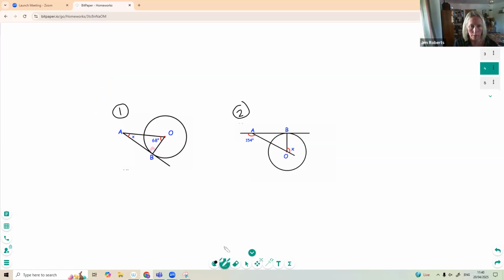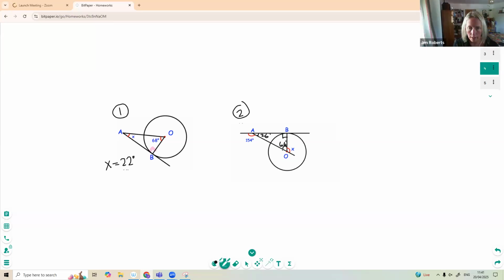Angles in a triangle add up to 180, which gives us this angle here is 22 degrees. So angles on a straight line add up to 180, which gives us the missing angle here is 26. We know now this is 90 degrees. Angles in a triangle add up to 180, which gives us this angle here is 64.